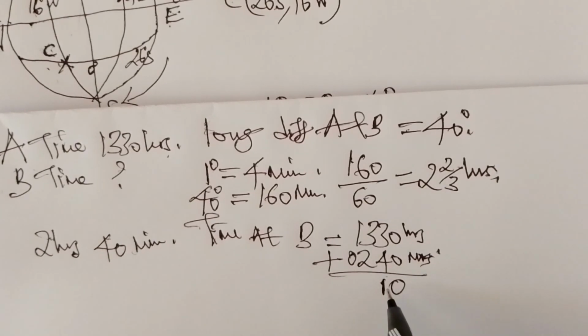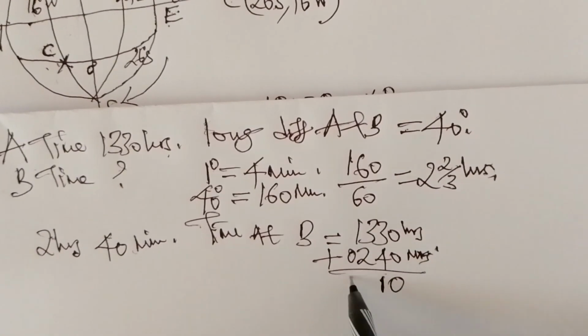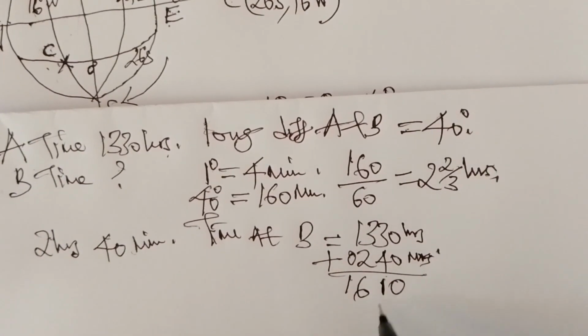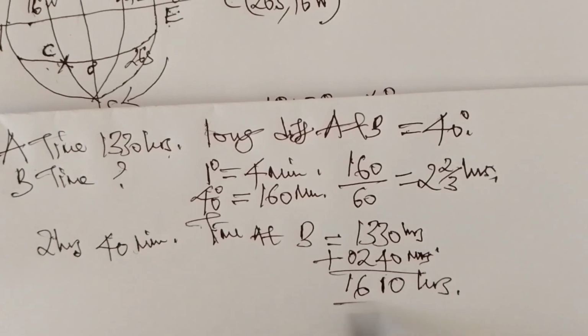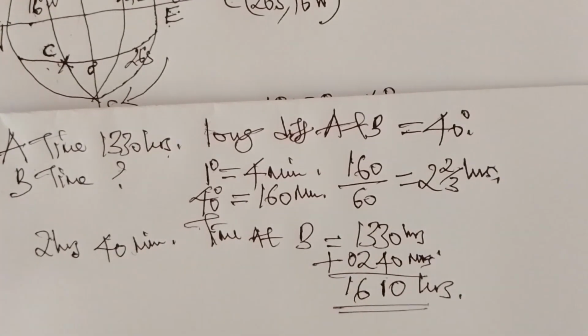Because when we subtract 60 from 70, we remain with 10. Then we add the 1 hour on the other side and get 16:10 hours. So the time at B will be 16:10 hours.